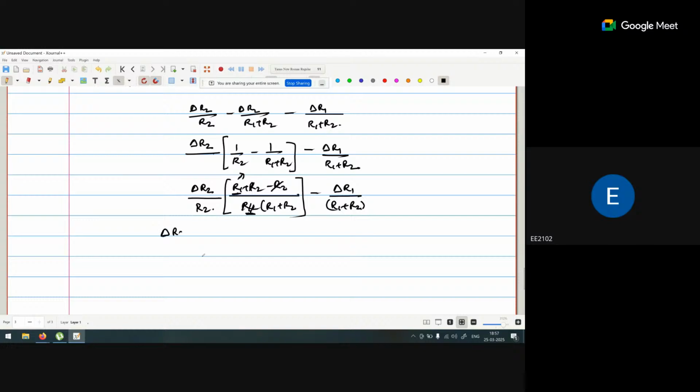So delta R2 upon R2, the remaining is R1 upon R1 minus delta R1 upon R1.